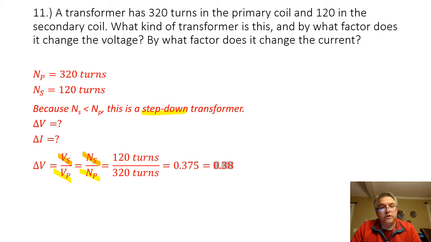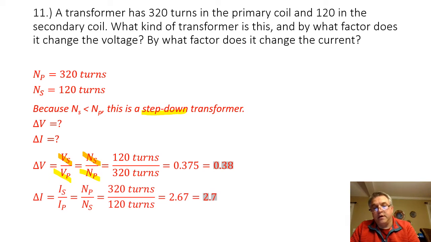So the change in the voltage is going to equal my secondary voltage divided by my primary voltage. It's going to be a ratio, and that's equal to the secondary number of coils divided by the primary number of coils. So 120 turns divided by 320 turns is going to give me a ratio of 0.375 or 0.38.